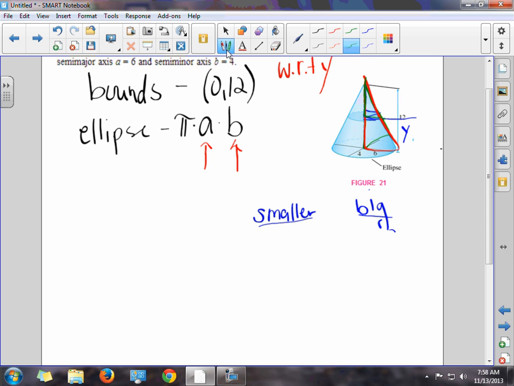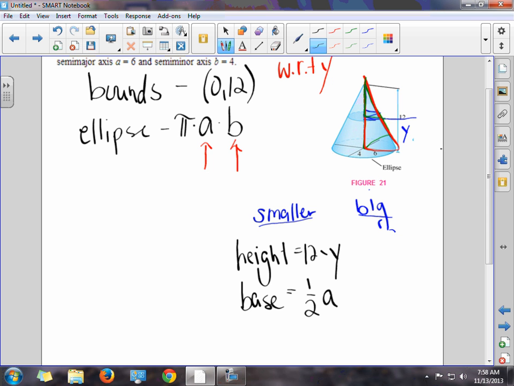So for my smaller one, the height is still 12 minus y. And the base now is going to be half of the distance of my semi-major axis. So I actually screwed up the other one. This should be 1/2 A.